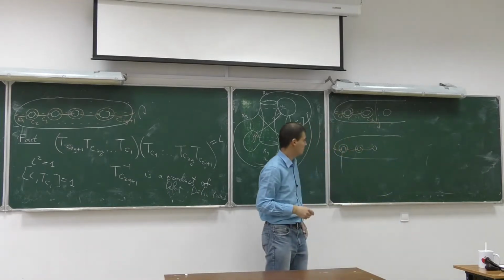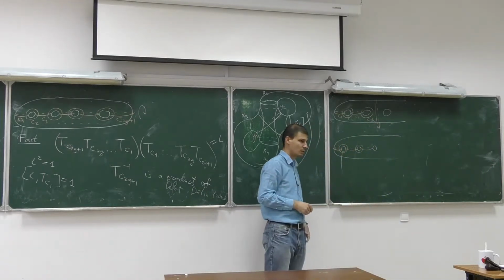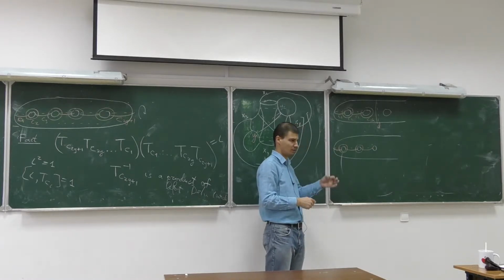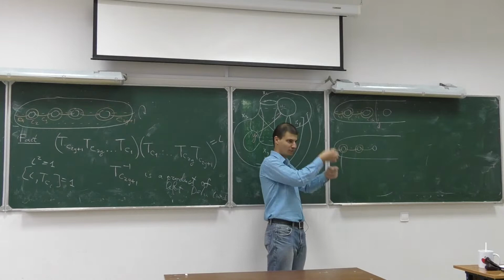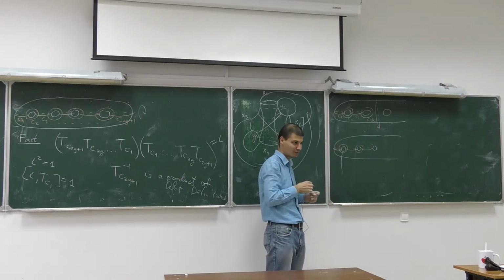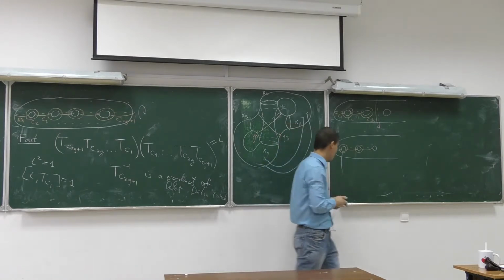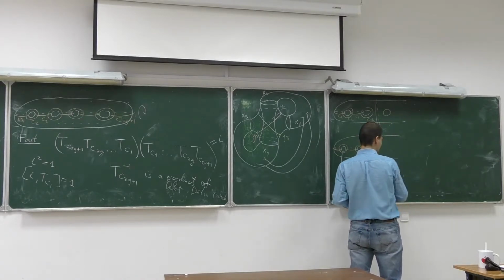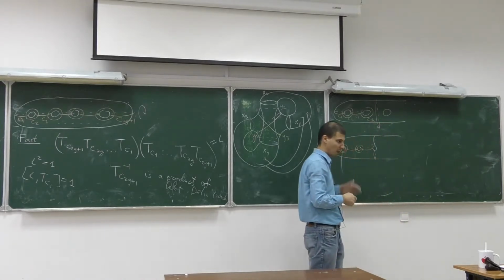Then it is easy to see that when we cut, we get two connected components of the boundary. And actually these are exactly these two curves up to isotopy.